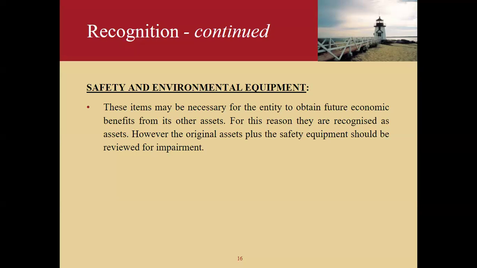For example, barriers where you find signs like, don't go beyond this point. So they are not actually used in the production process, but they facilitate the production process. So we also recognize them, and we review them for impairment and depreciate them separately in this standard.